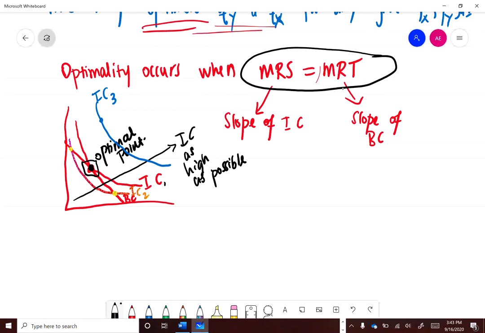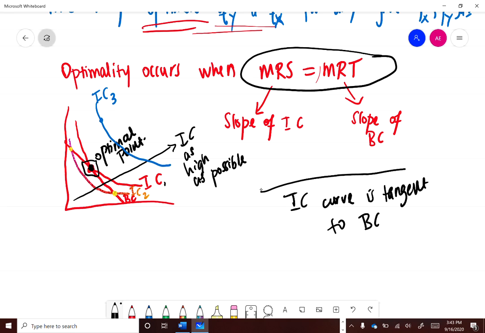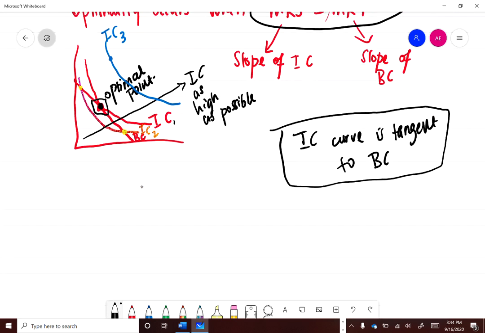The point where your IC curve is tangent to your budget constraint. Okay. Those two just touch each other once. Notice with IC2, it intersects our budget constraint, it doesn't just touch it, it intersects and it does so twice. So it's definitely not what we would want.